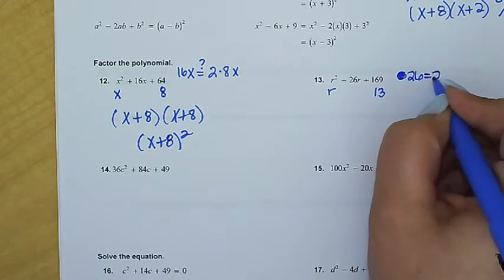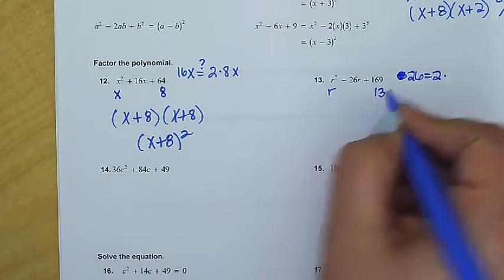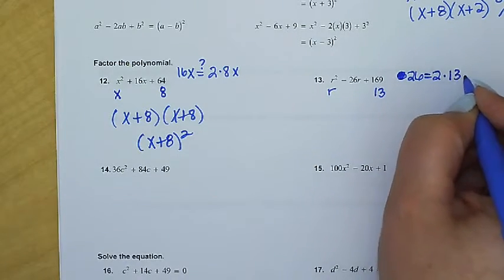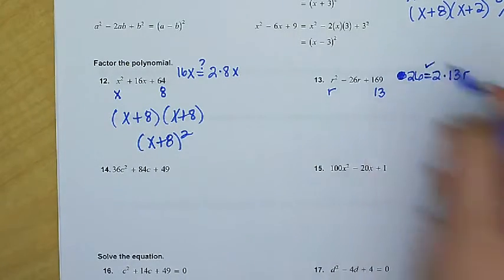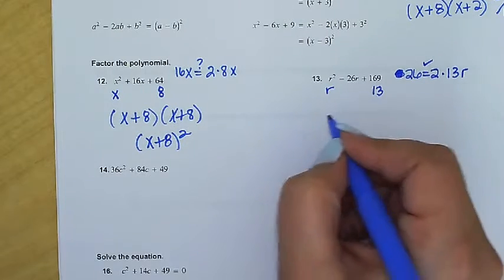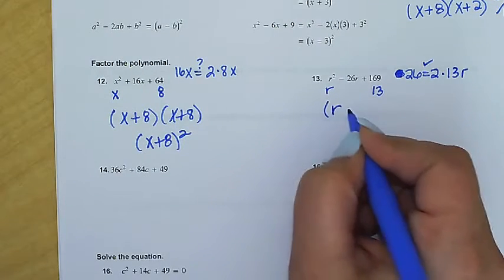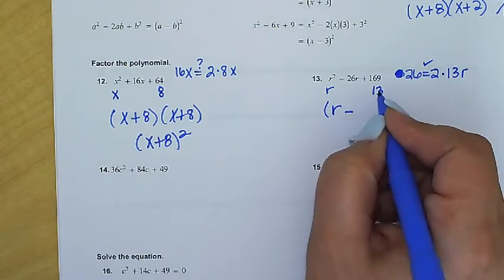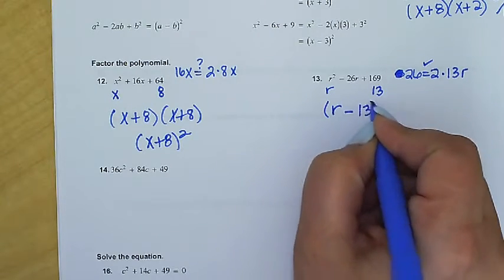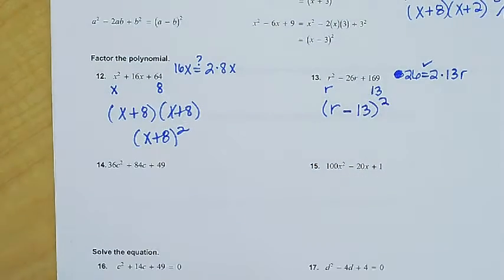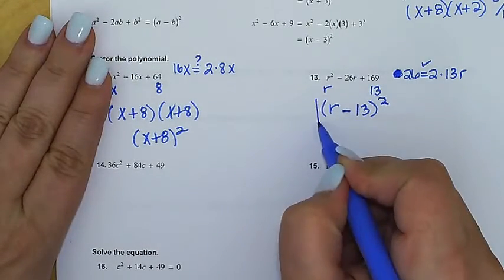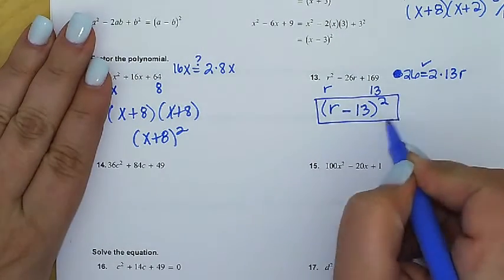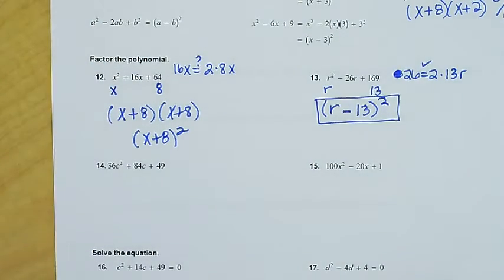So is 26 the product of 2 times these two things multiplied? If the answer is yes, then that's a perfect square, and we just know it's going to be r, that middle sign is what always goes in the middle, and then the 13. And then we basically have two factors that are the same. So it is r minus 13 times itself, or in other words, r minus 13 to the second power.